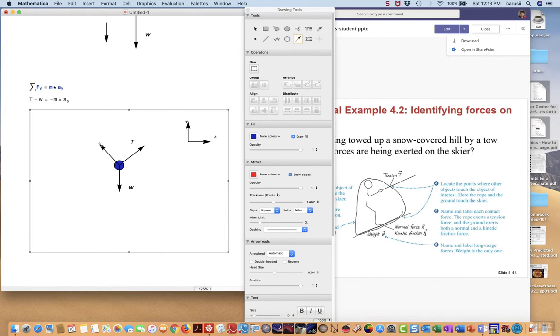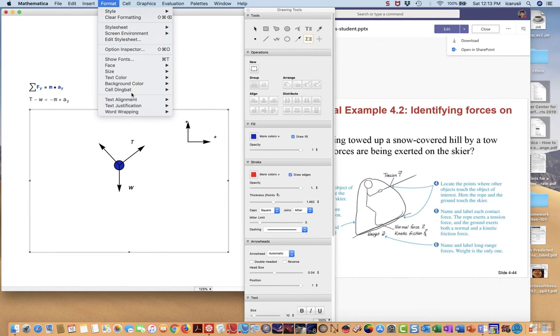And that's going to be perpendicular to the surface. That can be tricky sometimes when you're dealing with these angled problems. You need to kind of keep your head about you with that drawing. So here is my normal force.